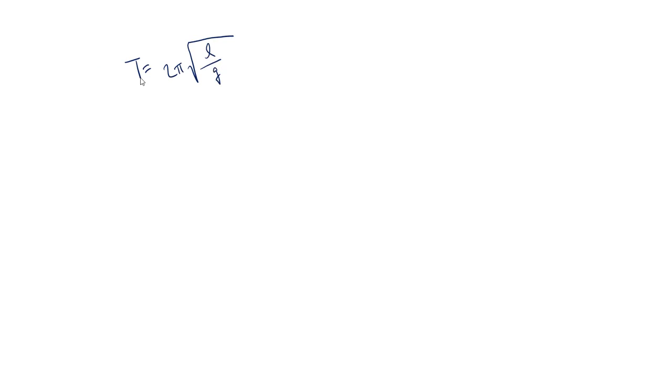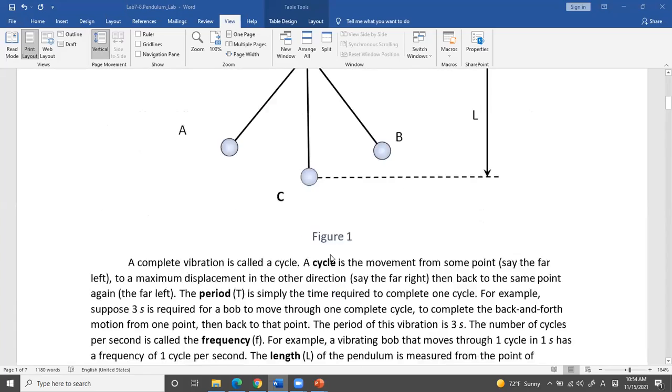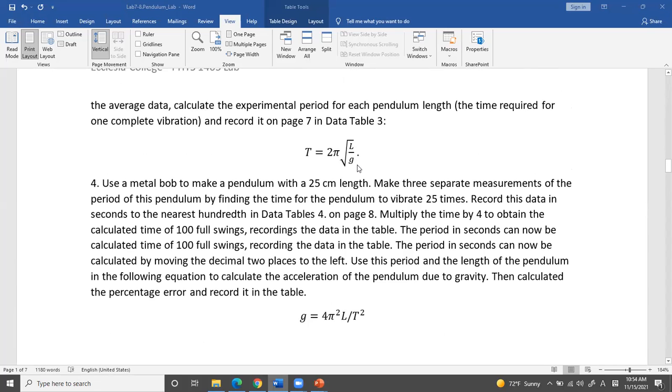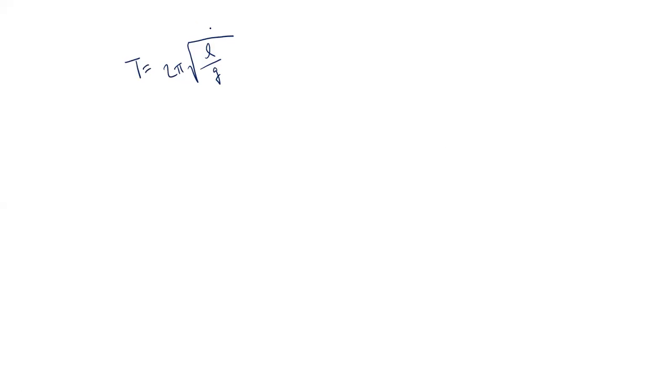This is written in our manual there. Frequency is also the reciprocal of that, so the frequency is 1 over 2 pi times the square root of g over L.